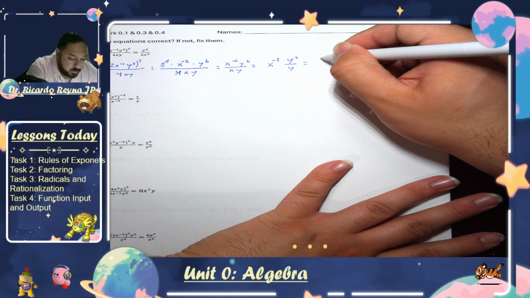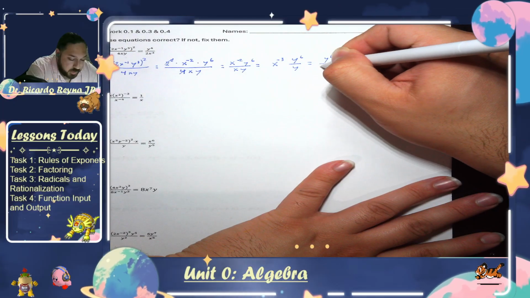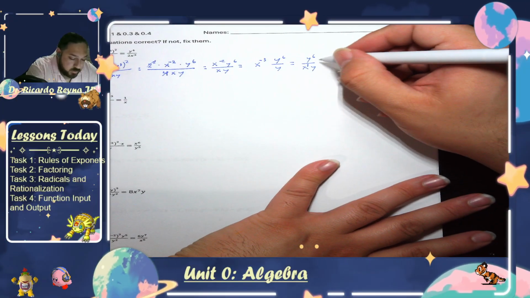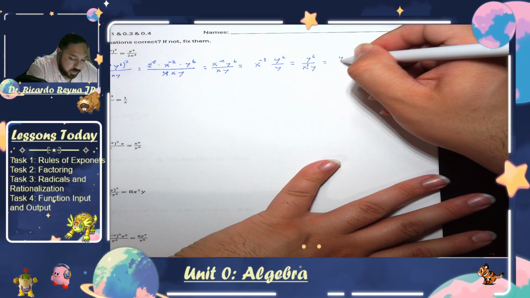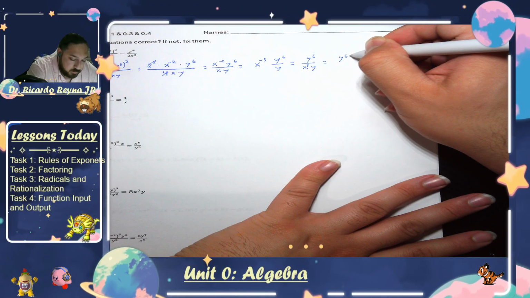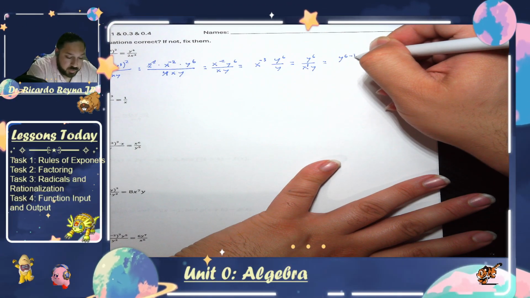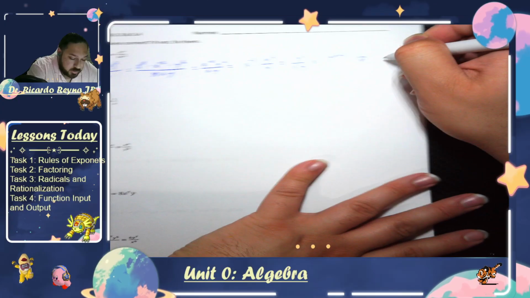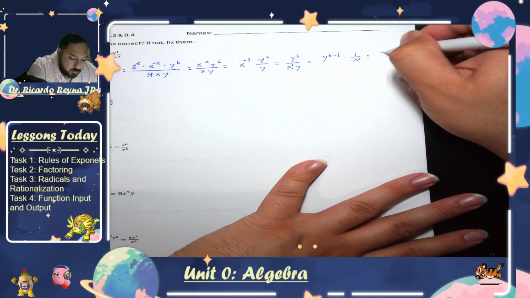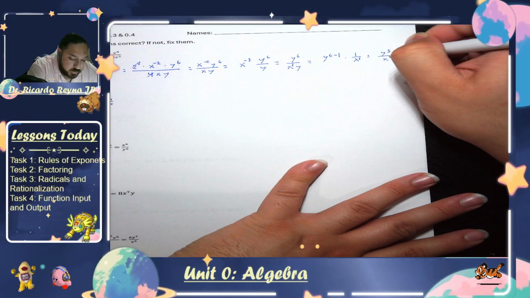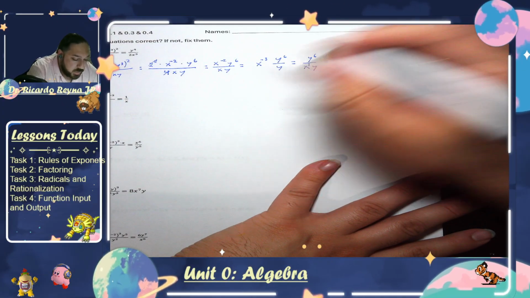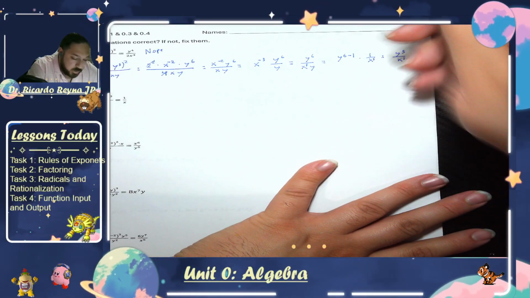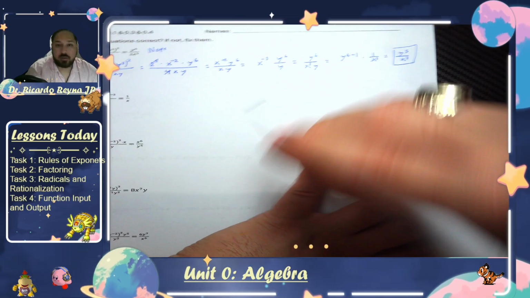We have y to the 6 on the top, and x to the third, y on the bottom. Now we'll simplify the y's, and we get y to the 6 minus 1, times 1 over x to the third, and that's just going to be y to the fifth over x to the third. That does not match our answer, so nope. And this is the correct answer.